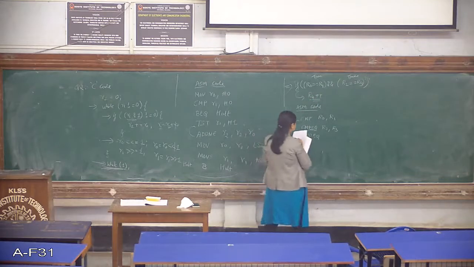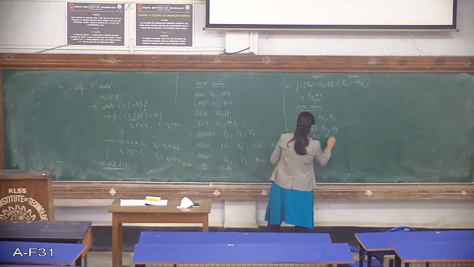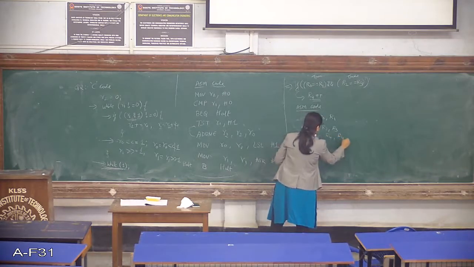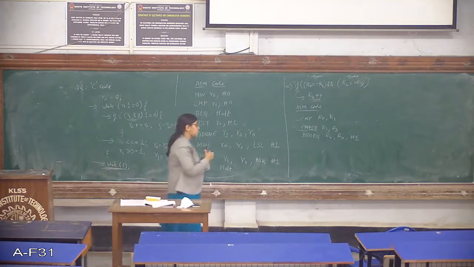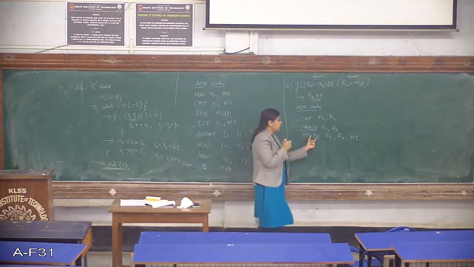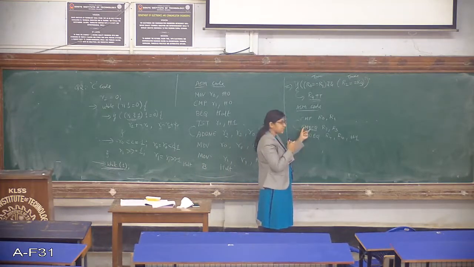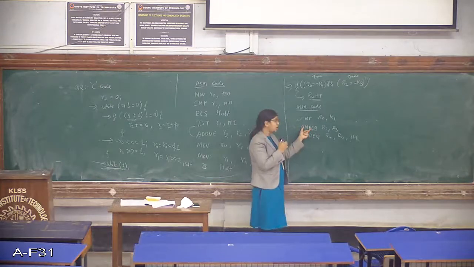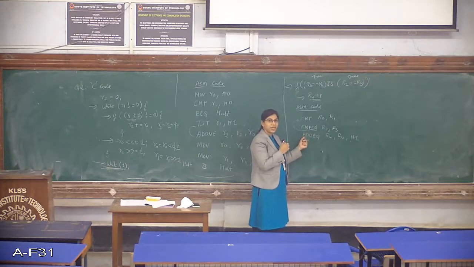Okay. So what will you write here? You will write add EQ R4 comma hash 1. That add is also with a condition. What is the condition? If equal. So if your previous instruction, the compare instruction, gave you a result of equal, then only this add instruction will be executed.